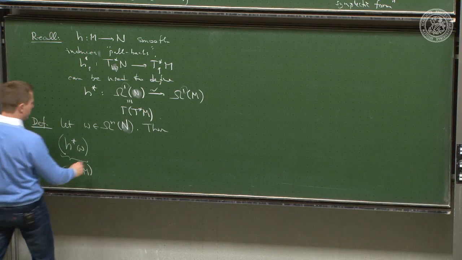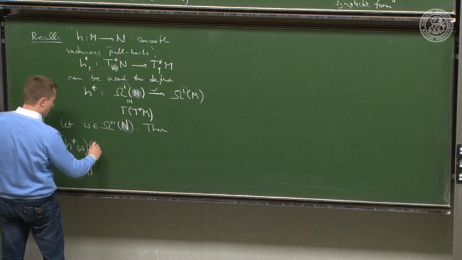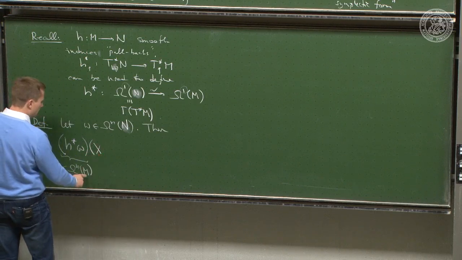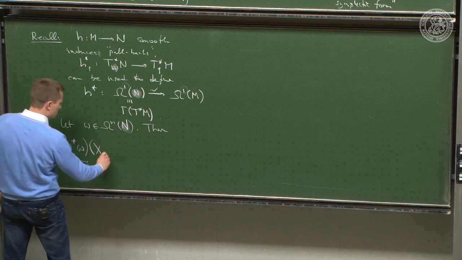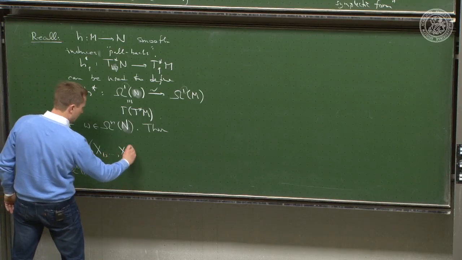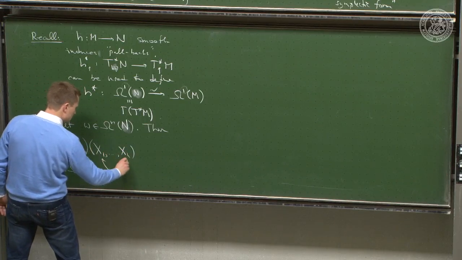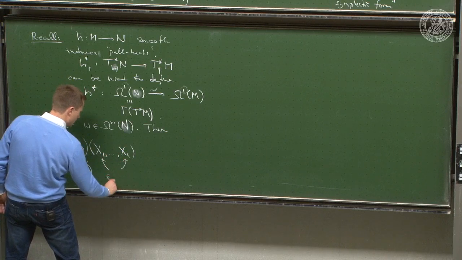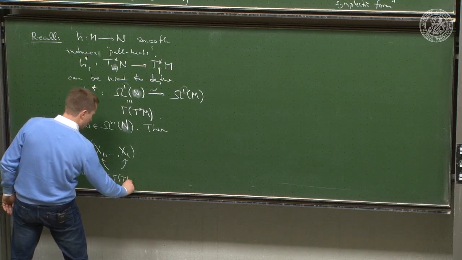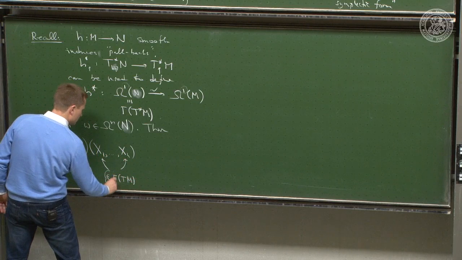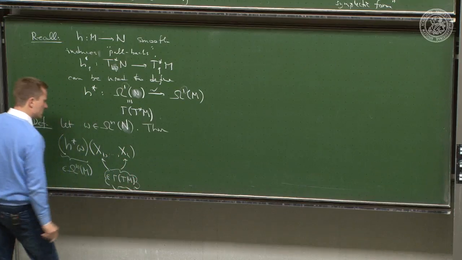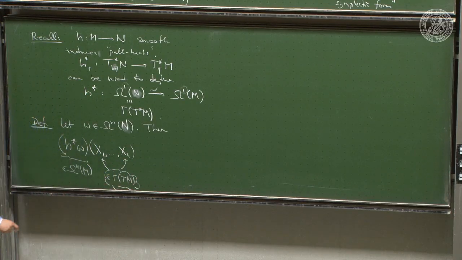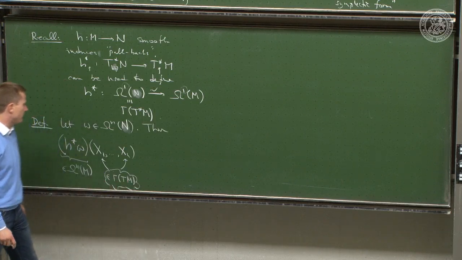Well, okay, how can we define this? We have it act on n vector fields on M, so X1 to Xn, and each of those is an element of gamma of TM, that is the smooth sections of the tangent bundle, or simply we say these are vector fields.